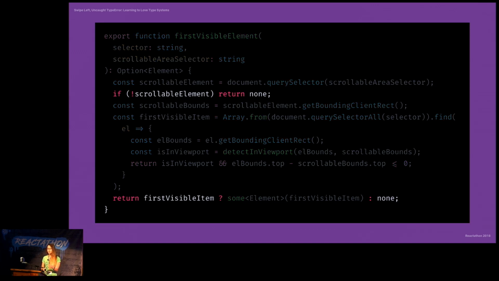But you can see here that there are two places where this function can return undefined. If we're using document query selector, it will return undefined if it finds no elements. And array.find as well will return undefined if it doesn't find anything in the array. And if we do find that first visible element, we'll just return that value and let TypeScript know that this is an element.